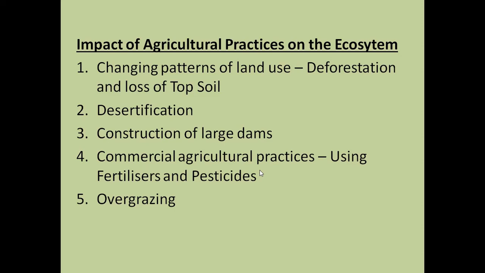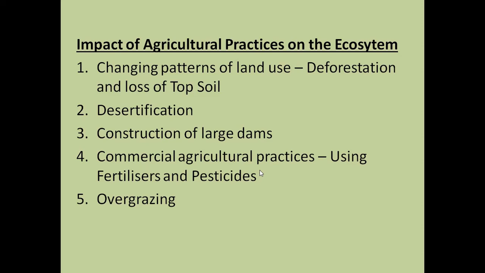It is possible through agricultural practices. If we are using faulty agricultural practices, then the soil will become unproductive. And when the soil is unproductive, then it becomes a desert. So the normal area of land can be converted into a desert area.